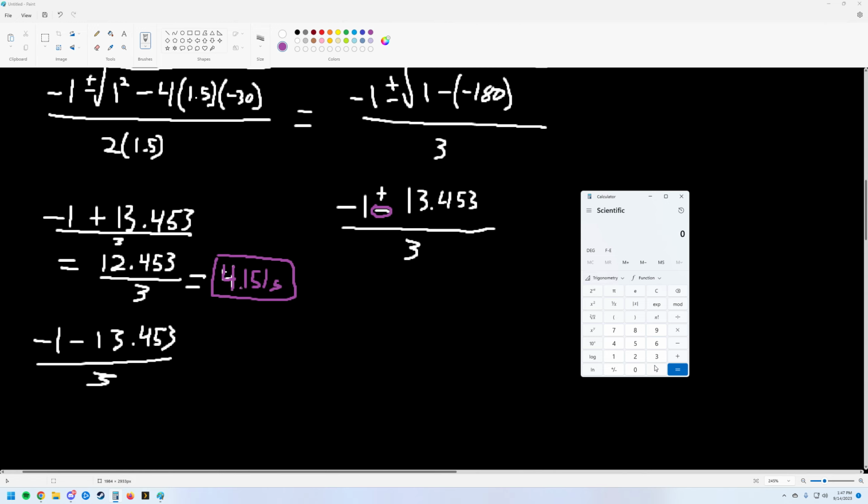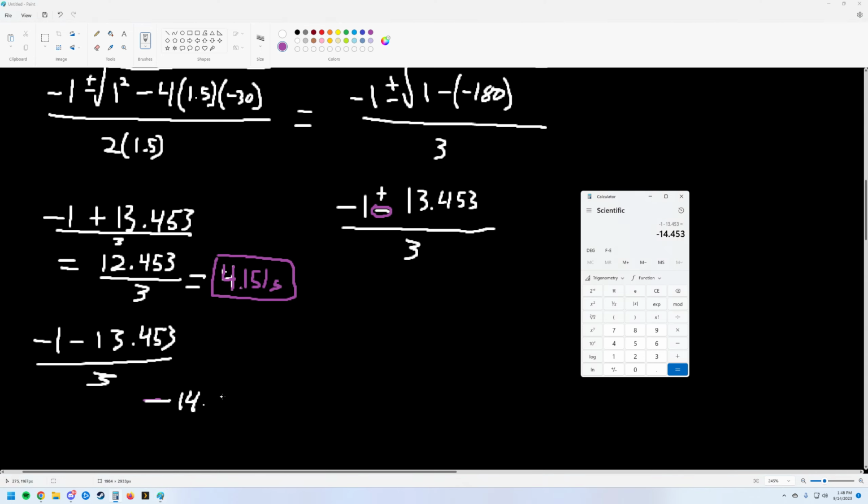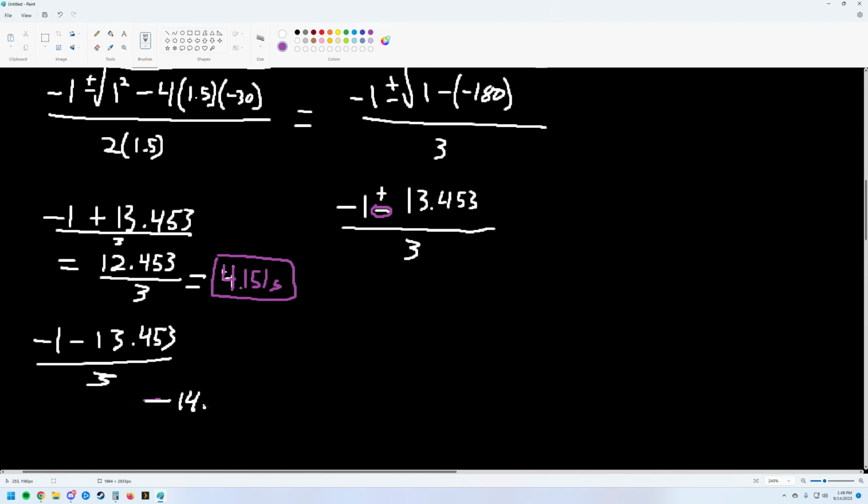Negative 1 minus 13.453 gives us negative 14.453.